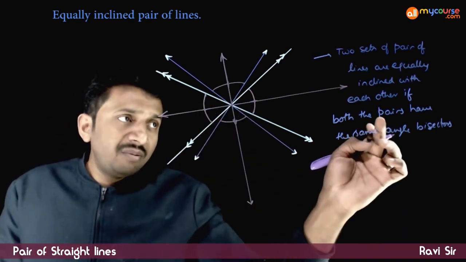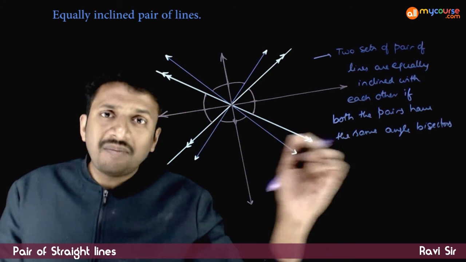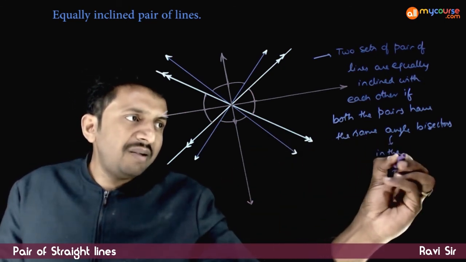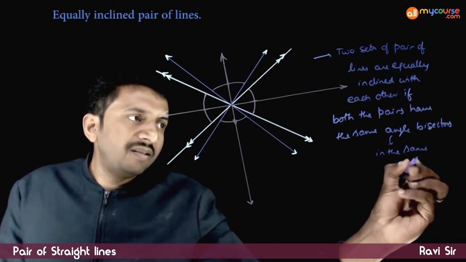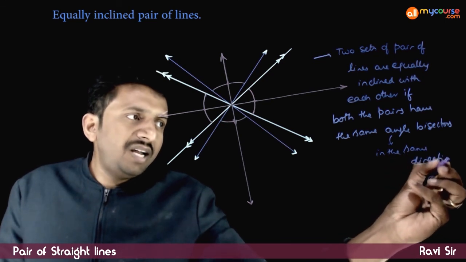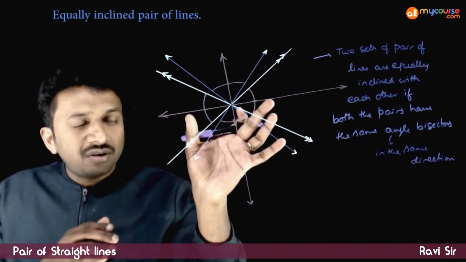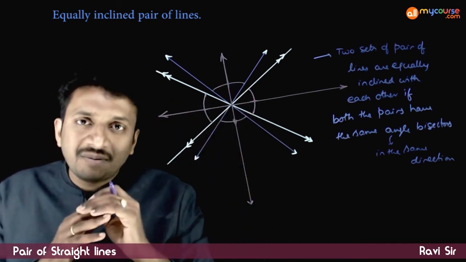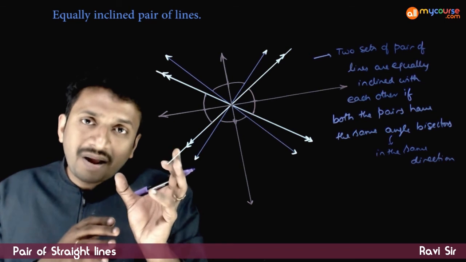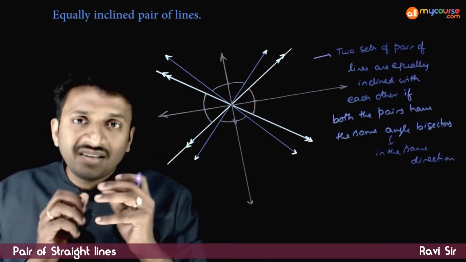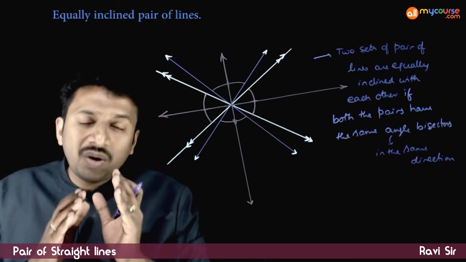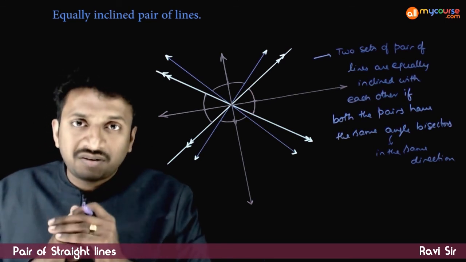So if the pairs have the same angle bisectors, that is, angle bisectors in the same direction, that means you need to find the pair of angle bisectors of the first pair and of the second pair. If the quadratic part of both the equations is the same, then we say that the lines are equally inclined with each other.